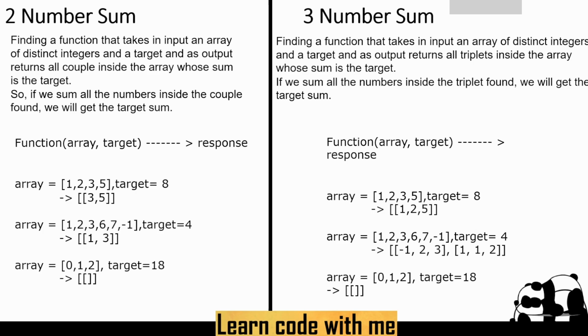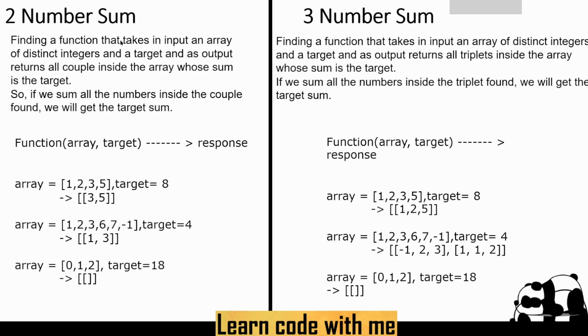Today we are going to see the famous algorithm about the two-number sum and three-number sum. The task is very easy to understand. We need a function that takes as input an array of distinct integers, and it's important that they must be distinct, and a target.